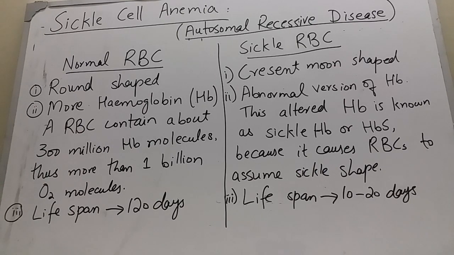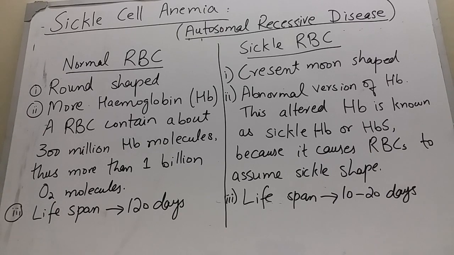Next is a comparison between a normal red blood cell and a sickle shaped red blood cell. A normal RBC is round or spherical in shape, while a sickle shaped RBC has the shape of a crescent moon. Next, a normal RBC contains more hemoglobin.